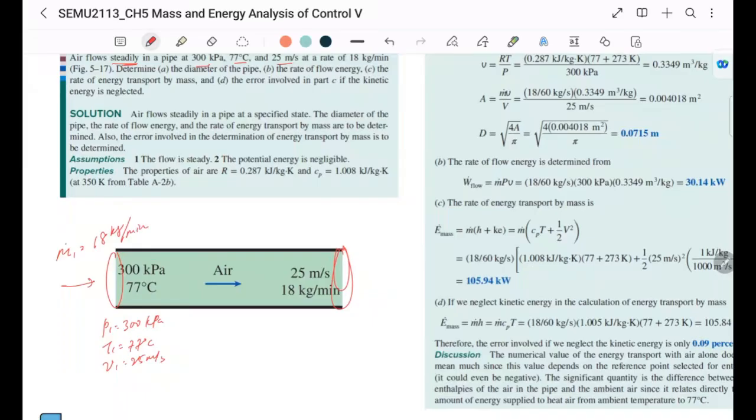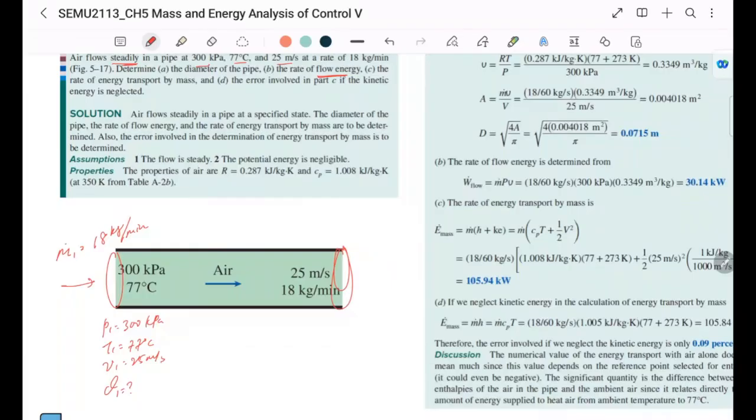The question wants us to find out the diameter of the pipe. Then the rate of flow energy, which means the flow work.